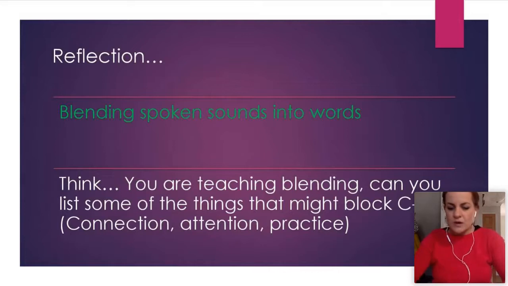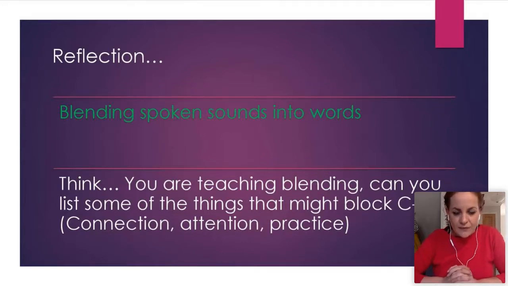It could be that you have large numbers of children or learners in your room, which means that they then can't hear themselves blending those words. And think about how we might provide a solution for that.